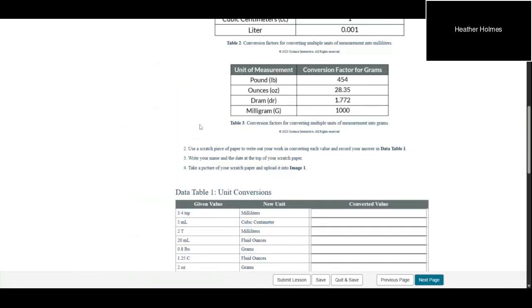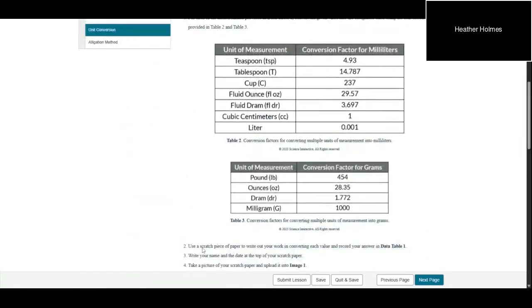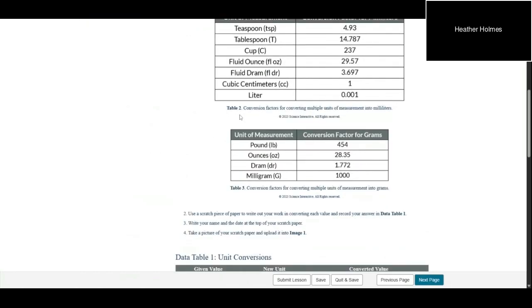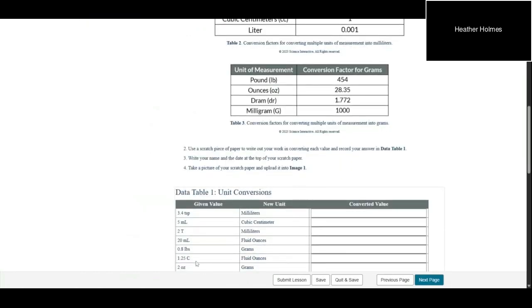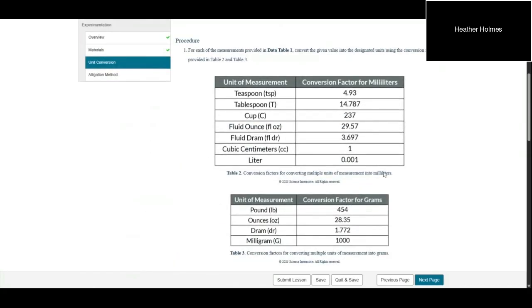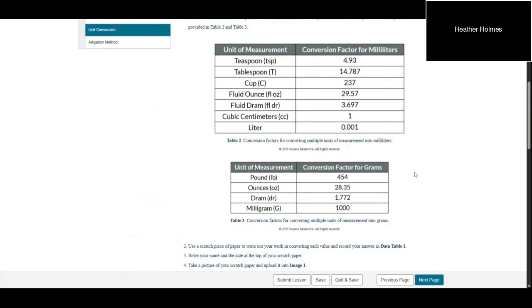And when you look at the first one, it's going to be 3.4 teaspoons, and it's asking you to convert it to milliliters. Some of them are going to be really easy. You just have to make sure you know which table to use the information out of.